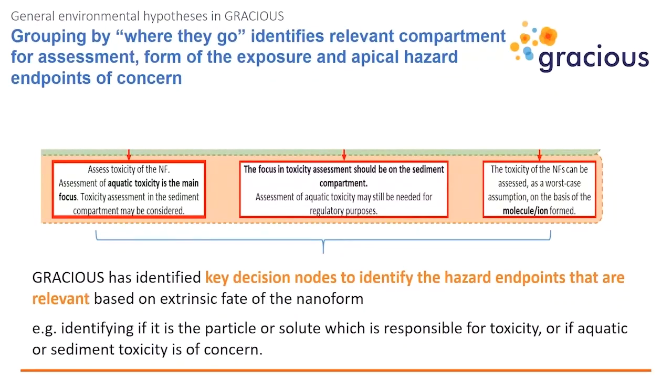So Gracious has identified a number of key decision nodes that identify what the hazard endpoints are that are relevant based on the fate of the nanoform in that environment. So, for example, it might identify whether a particle remains as a particle or dissolves into its solutes, and which of these is responsible for toxicity. Another example can be whether it identifies aquatic or sediment toxicity as being of concern.